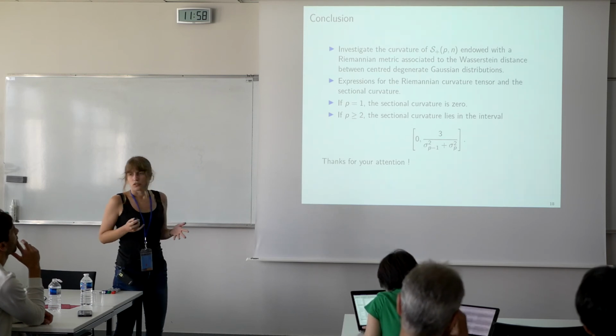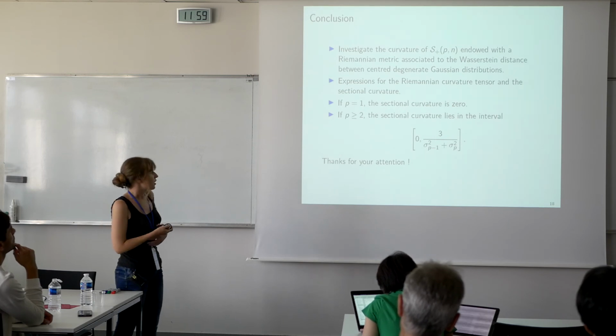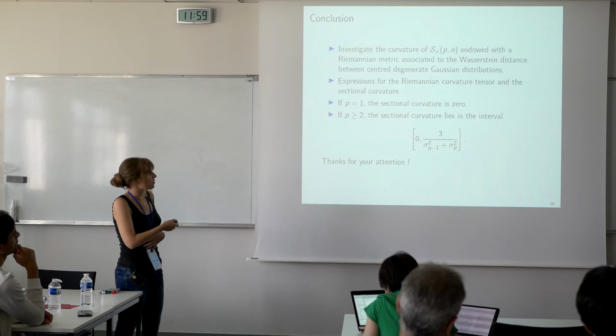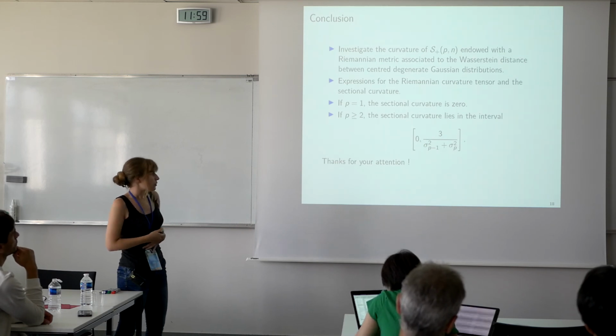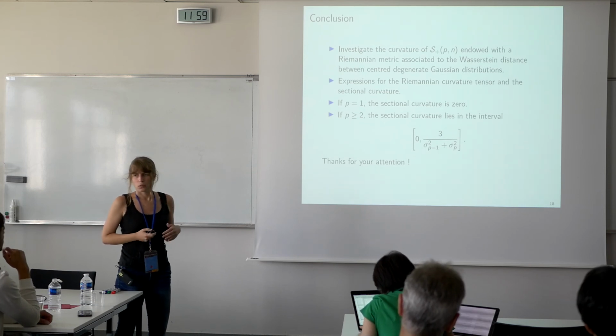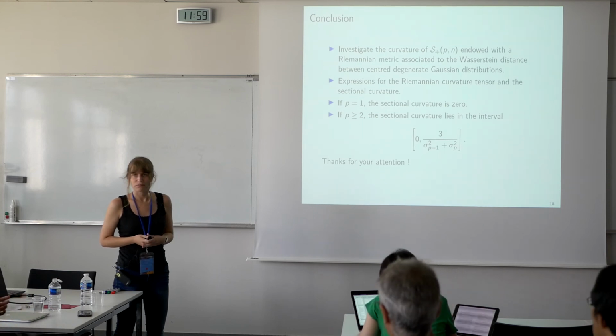When p is equal to 1, the curvature is 0, and when p is larger than or equal to 2, the sectional curvature will belong to this interval. So we have the risk that this goes to infinity as we move to the border. Okay, that's all for me. Thank you for your attention.